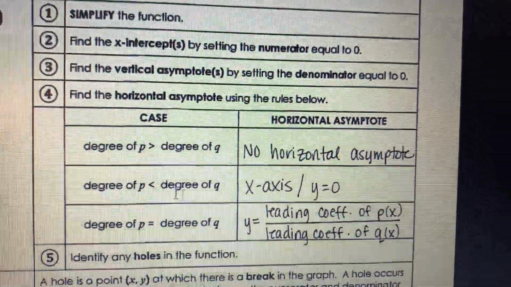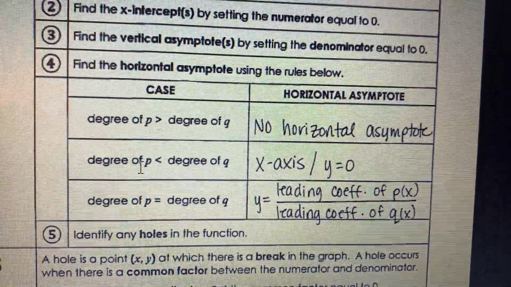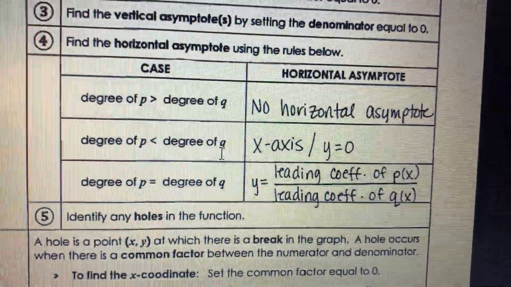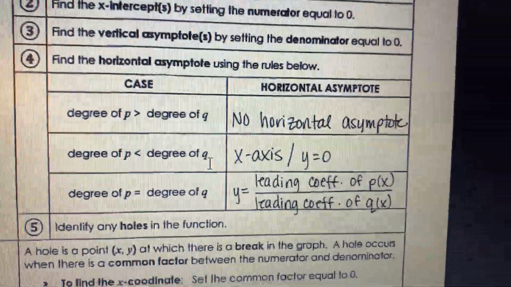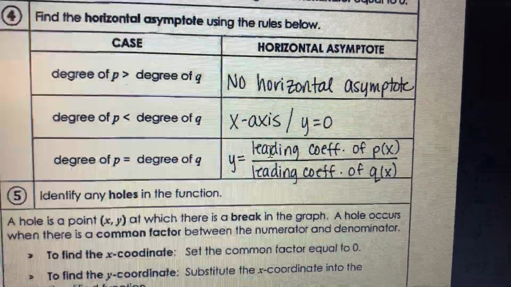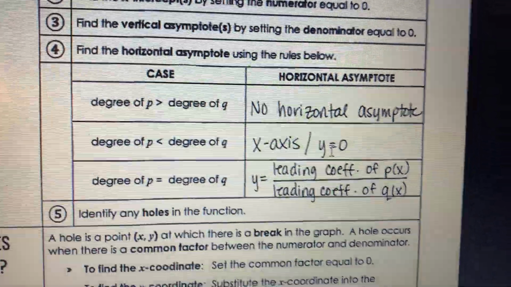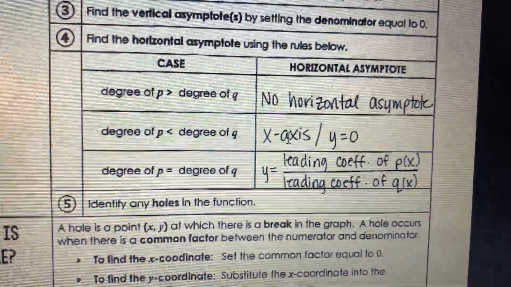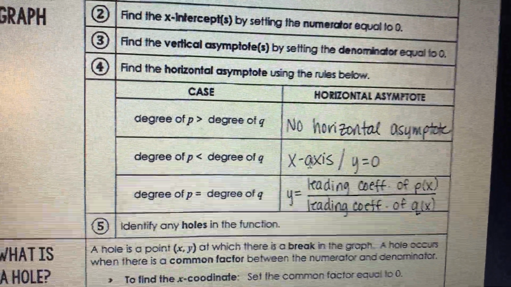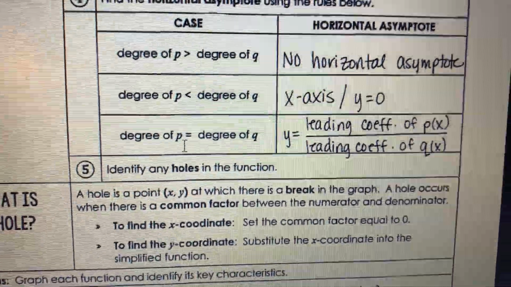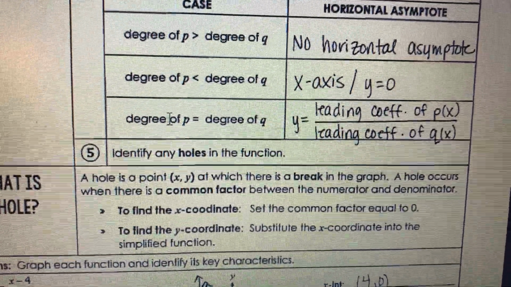Case 2, you could have the degree on the top being smaller than the degree on the bottom. If that's the case, then the horizontal asymptote is going to be y equals 0, which is the x-axis, right?